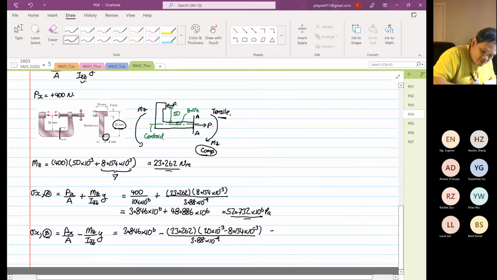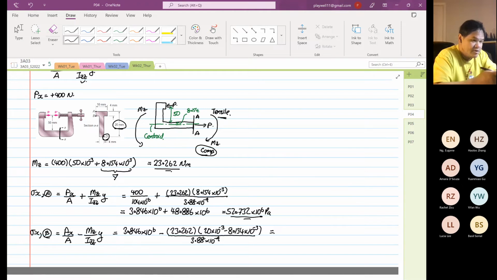Okay, so this will be equal to 20 times 10 to the power minus 3 minus 8.154 times 10 to the power minus 3 times 23.262, divided by 3.88 times 10 to the power minus 9, and then 3.846 times 10 to the power 6 minus the bending. So it's minus 67.175.